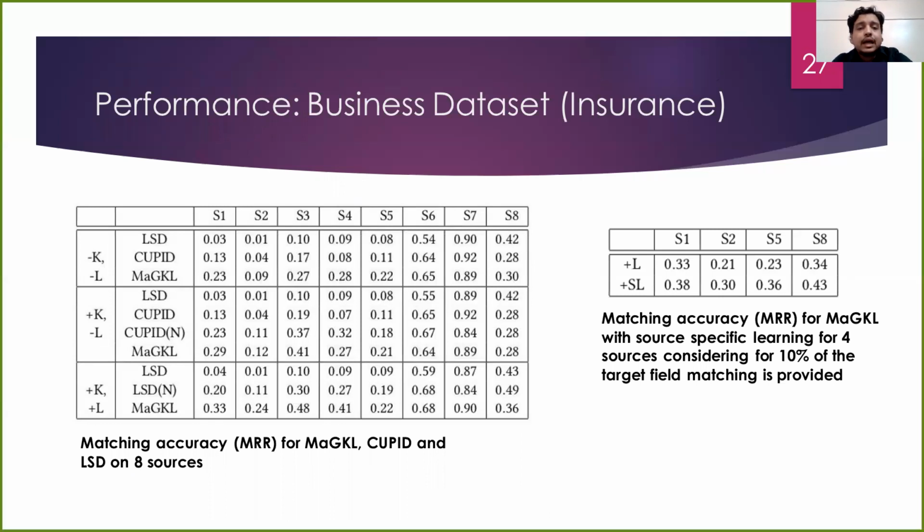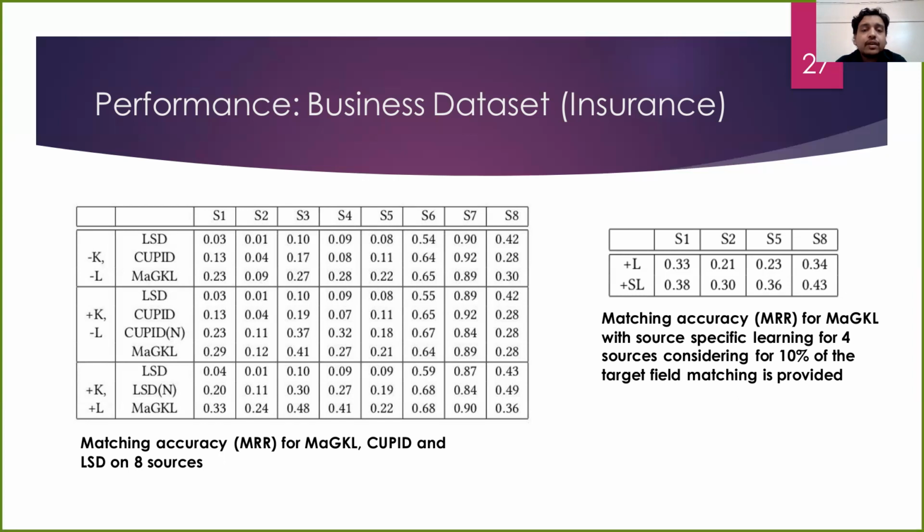Now we show the outcome over the insurance dataset, where our solution outperforms the baseline significantly because of concept level learning instead of field level learning. We have also shown how the result gradually improves by introducing domain knowledge and learning for both the baselines and our solution MAGICAL. It has been reported here as plus K and plus L respectively.